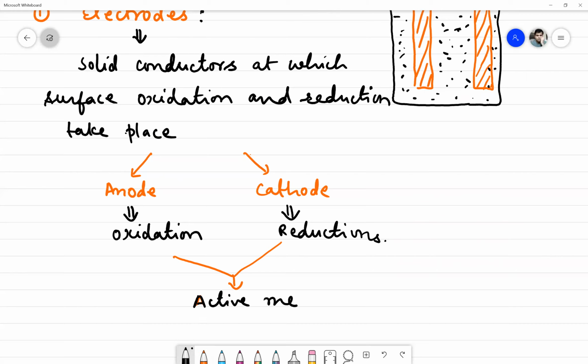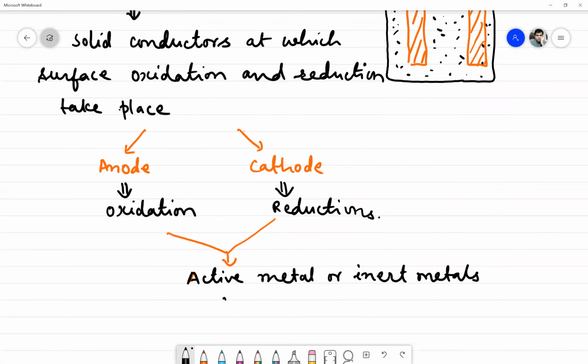Active metals means these metals may participate in oxidation reduction reactions. Or inert metals which don't participate in the oxidation reaction, or carbon, and so on.